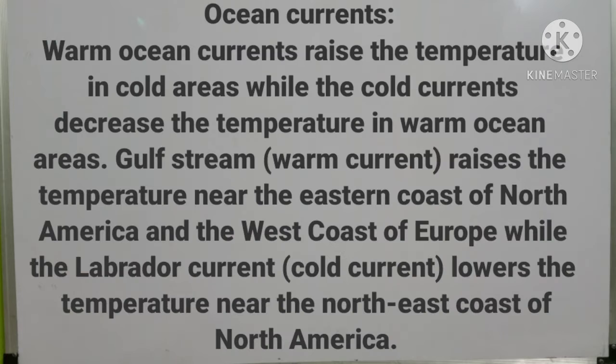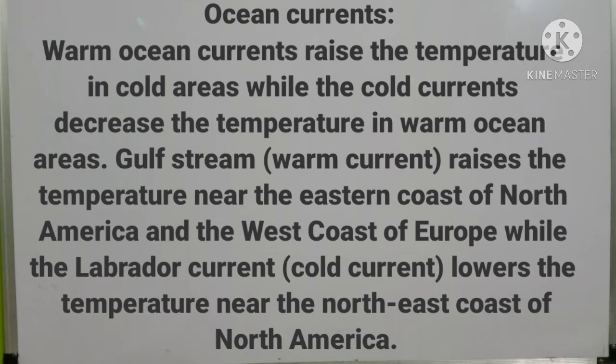The next, most important factor is the ocean current. As we know, there are two types of oceanic currents: warm currents and cold currents. The areas nearby the equator receive warm oceanic currents, and the areas situated towards the north and south poles receive cold water currents. Due to that, the oceanic water also changes its temperature due to the different types of oceanic currents.